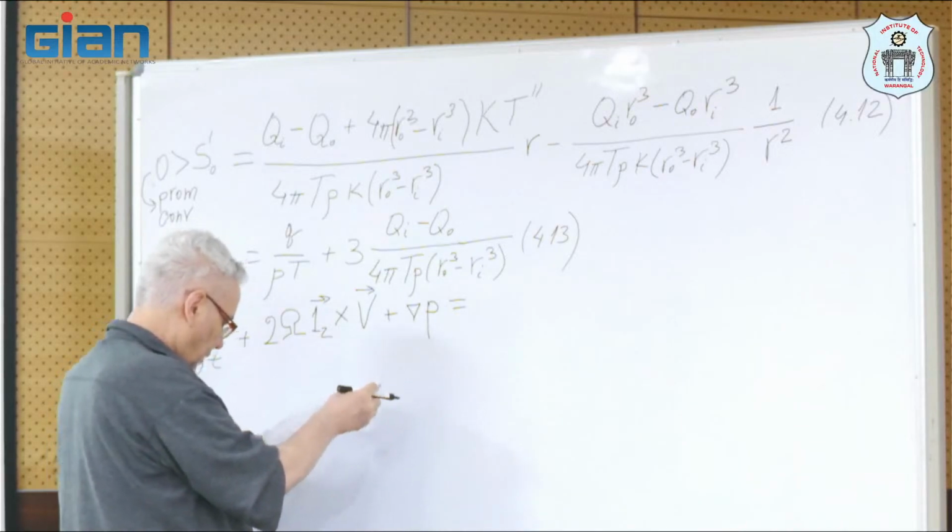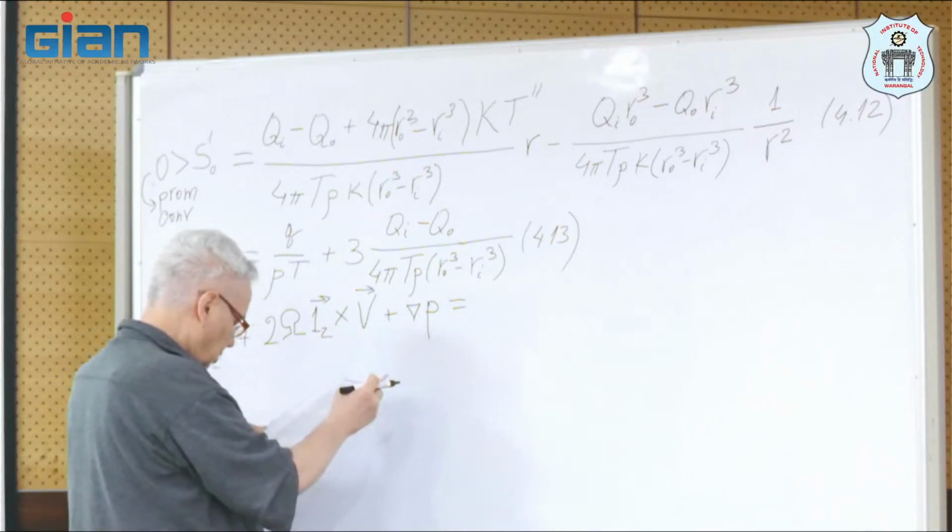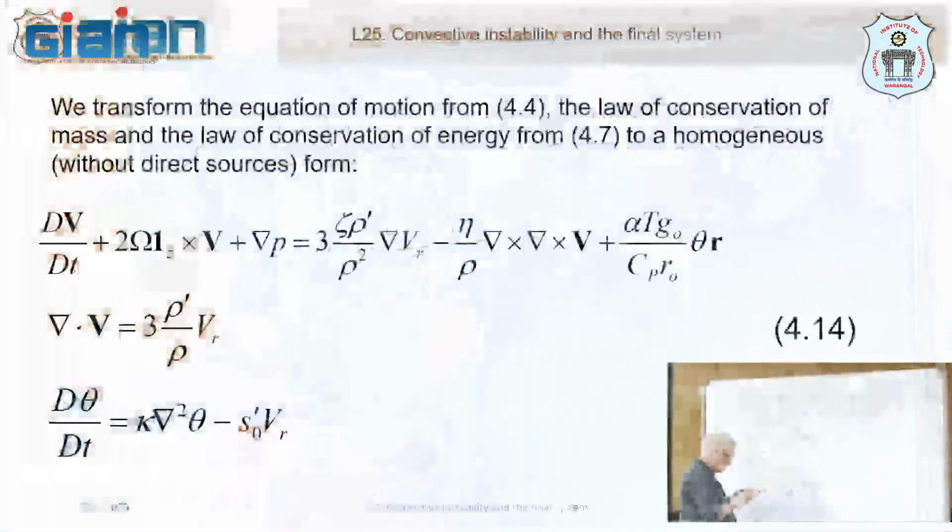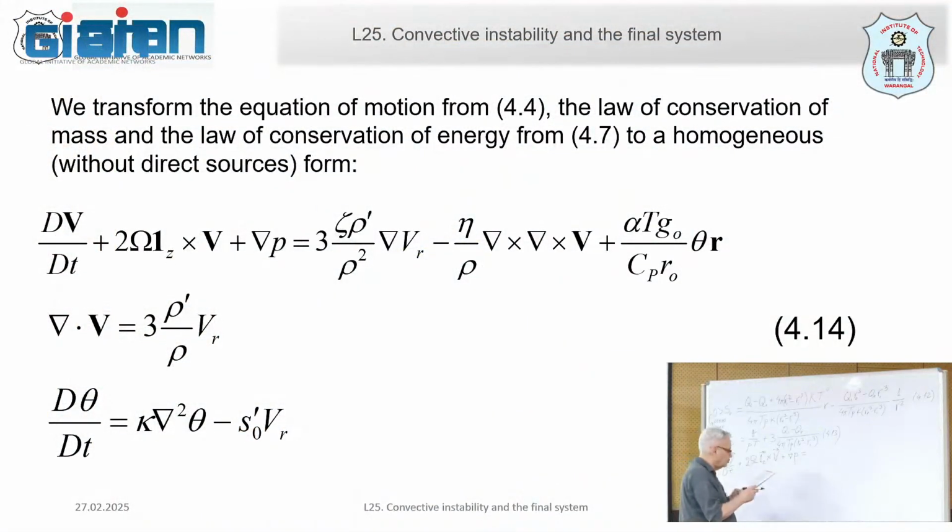We have here, instead of the coefficient which links it to the divergence condition, because we do not have exactly the divergence condition of V, but we have the condition of divergence of rho times V. This is adiabatic.